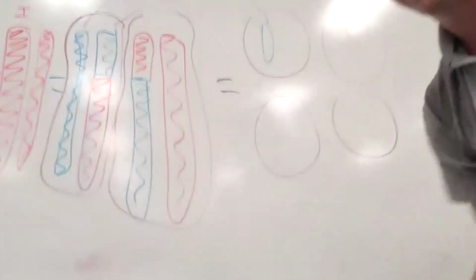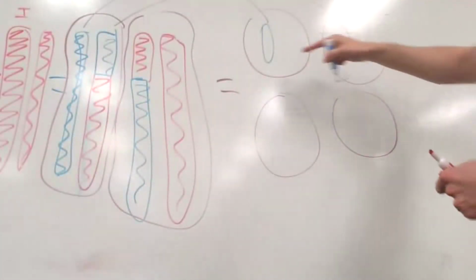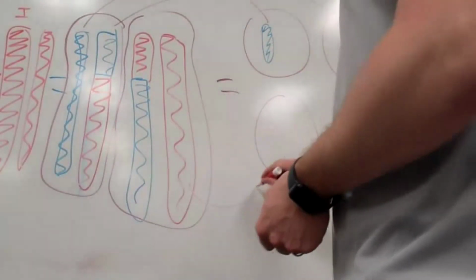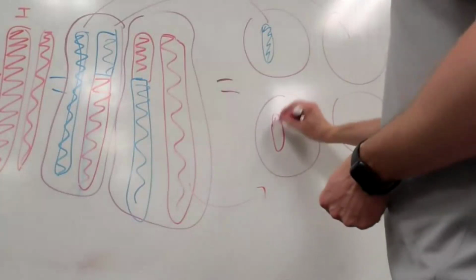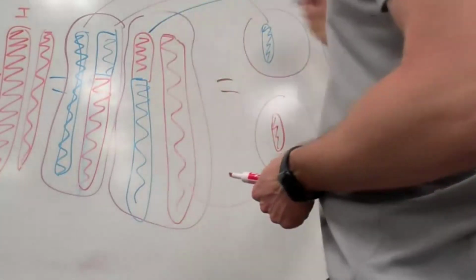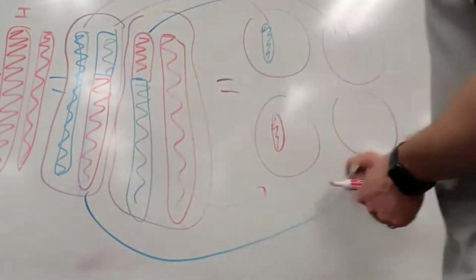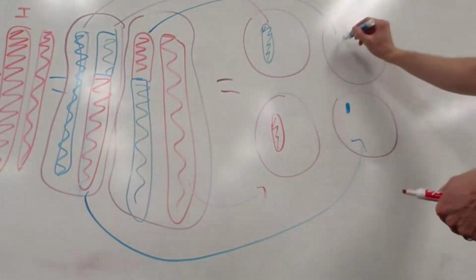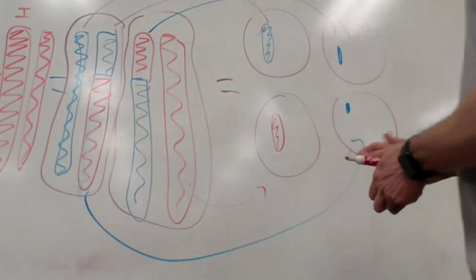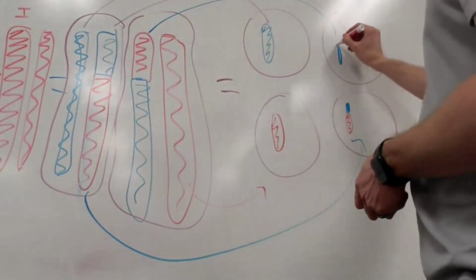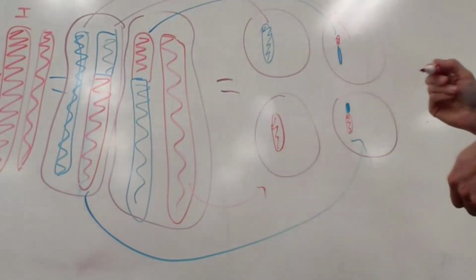I'll move this so maybe you can see it a little better. Okay. Where we're going to have our paternal get passed. We'll also pass the maternal to one. But then the other cells will have mixtures. So some will get those partial or mixed chromosomes, where we're passing on both maternal and paternal genes at the same time.